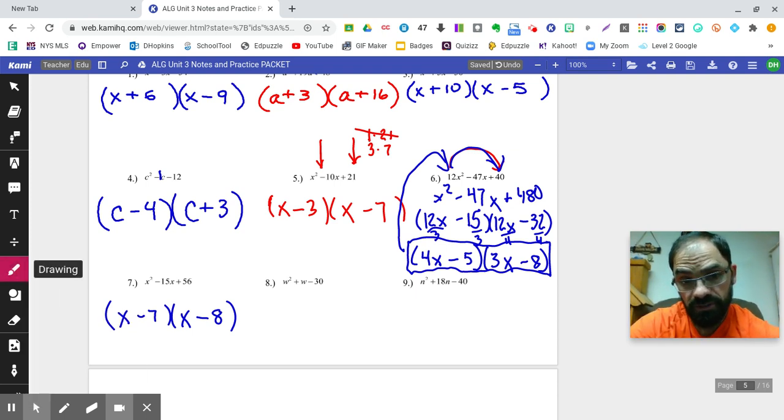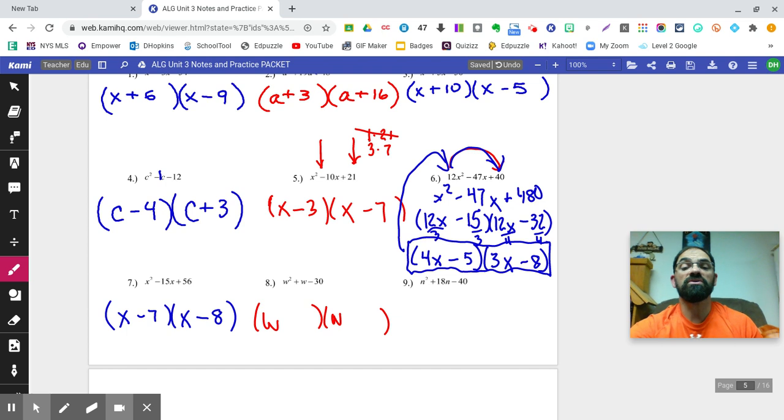Okay, the next one. Leading coefficient is 1, so we've got w in the front of each parenthesis. Factors of negative 30 that add to get positive 1. You can go through those factors, but if you know this in your head, positive 6, negative 5.